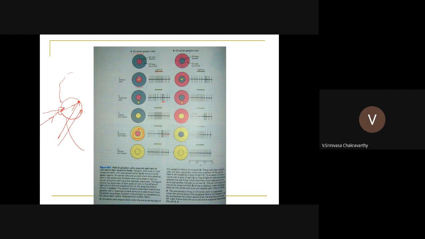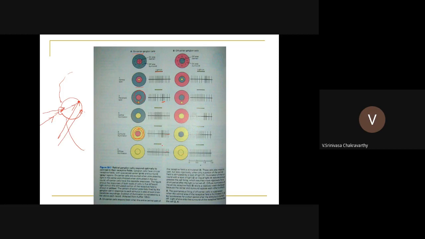If you shine light in the central part, it increases firing rate. If you shine light in the peripheral part, it decreases firing rate. The more you do it, the greater the effect. If you shine a lot of light over a large area in the central part, it increases the firing rate and takes it to the maximum. If you shine a lot of light in the peripheral part, it decreases the firing rate and maybe even completely stops it. If you shine light everywhere, the two effects cancel out and there's no change.